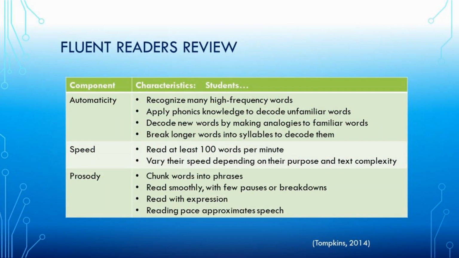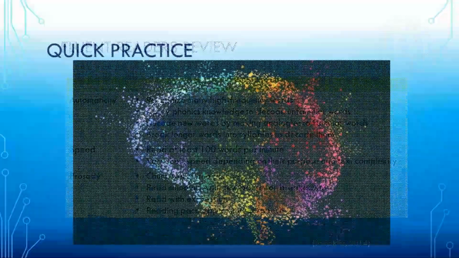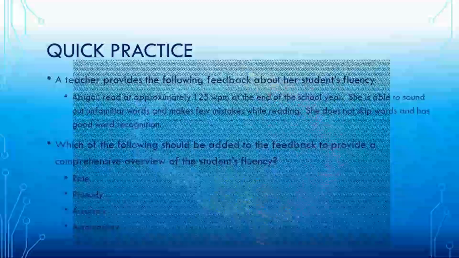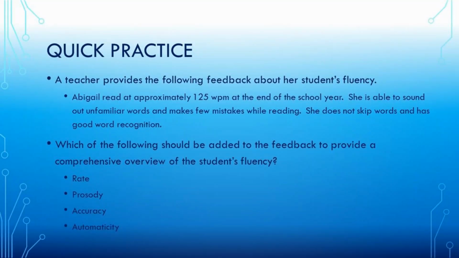Here is a quick review of automaticity, speed, and prosody. Quick practice. Can you answer the following questions without looking it up? A teacher provides the following feedback about her student's fluency. Abigail read at approximately 125 words per minute at the end of the school year.